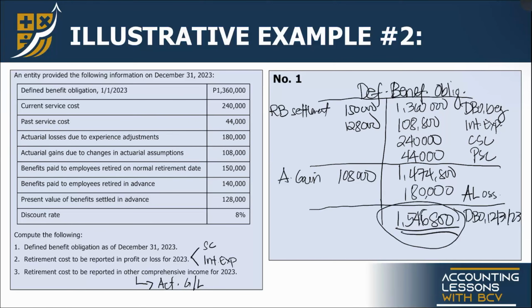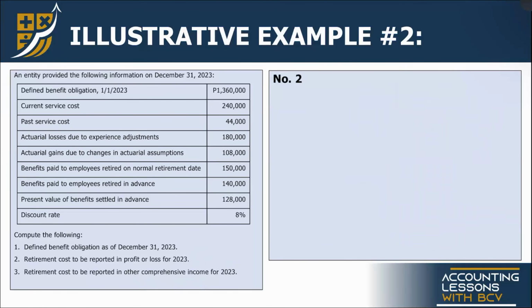All right? Clear? Next, number 2. Ayan na. Profit or loss tayo. No? Profit or loss. So, magkano daw na retirement cost ang nire-report sa P&L? Okay? Ano nga ulit yung mga nilagay ko doon sa previous slide? Service cost and what? Interest expense.